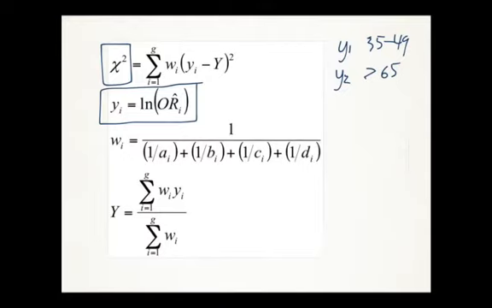And then this wi here, remember we said we want to give more weight to the ones where we have a larger sample size so that we have more information, okay? So that's what this wi is doing. This is 1 over the variance.